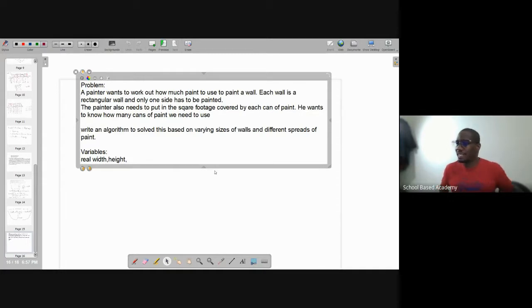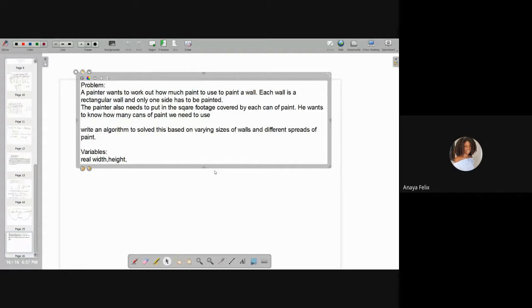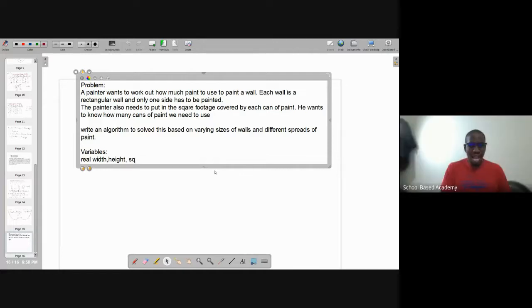How much the paint cans can cover? How much square foot it could cover? Right. So we could say square foot per can. So we have a variable named square foot per can. All right. So we have three variables so far: width, height, and square foot per can.